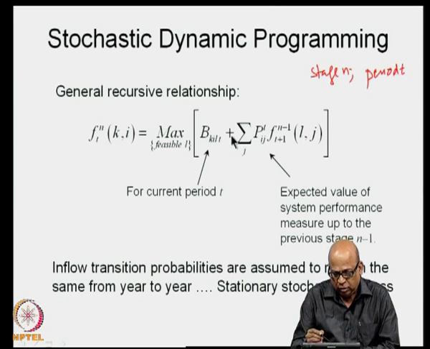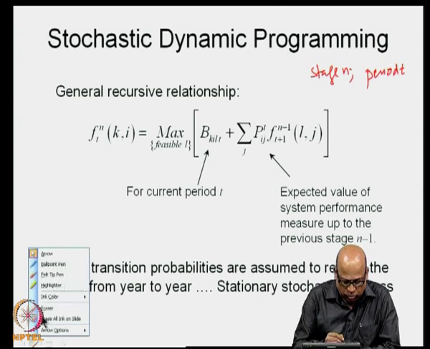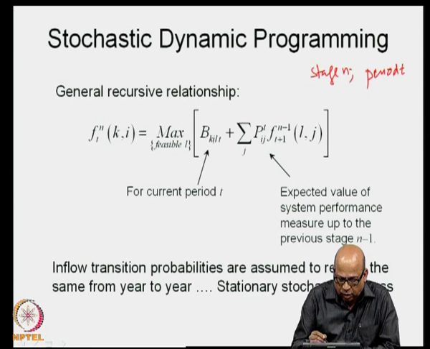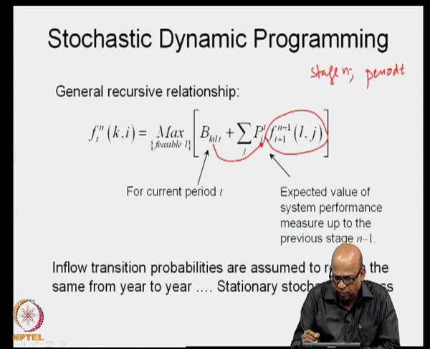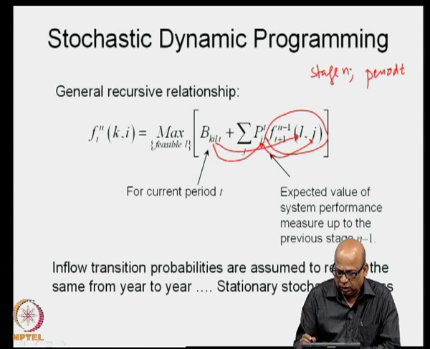plus the i here goes from i to j with a transition probability of p i j. If it goes to j, then we get a value of system performance f n minus 1, t plus 1 associated with this j, and this particular l is the same l for which we are solving this. So, this defines the expected value of the system performance measure up to the previous stage n minus 1.